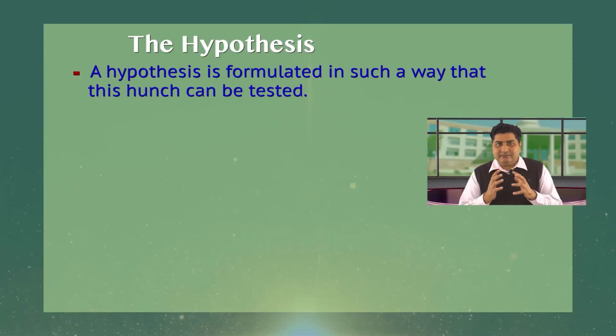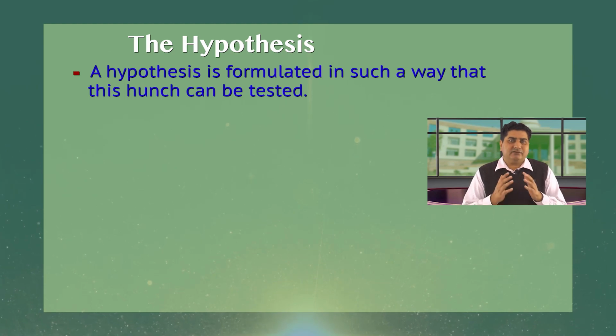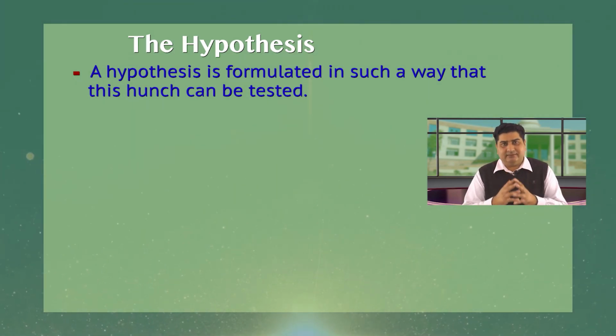A hypothesis is formulated in such a way that this hunch can be tested. Based on the findings of the subsequent research, the hypothesis is supported or rejected, and more hypotheses are formulated to continue the process of building a cohesive theory.